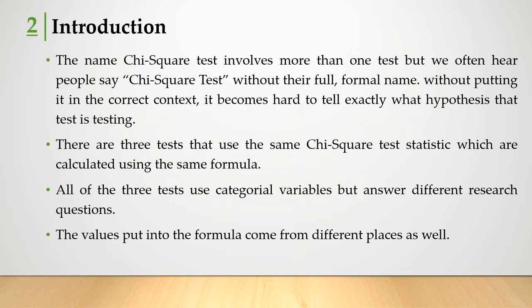So the values put into the formula come from different places as well. We are going to have an example of just two of them. The other one we want because we are here to treat regression analysis and it's linked to it.